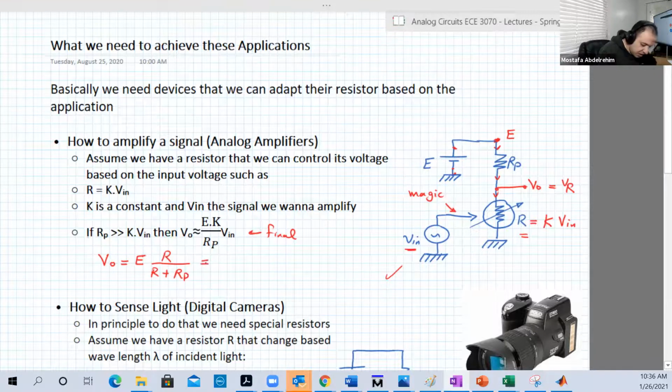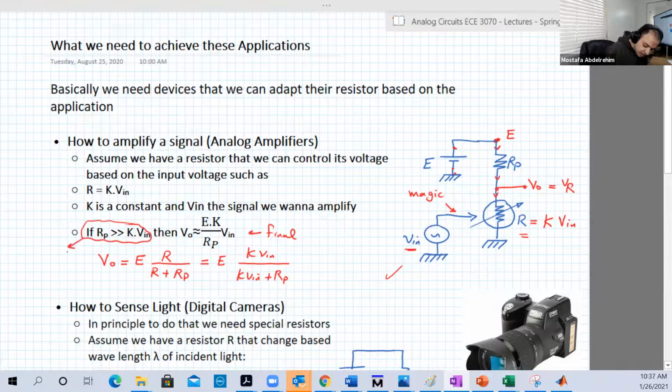So in E times R over R plus RB, what is R? It is K V input. I just removed the R and put its value, which is K V input. If we assume that RB is much larger than K V input, what does that mean?